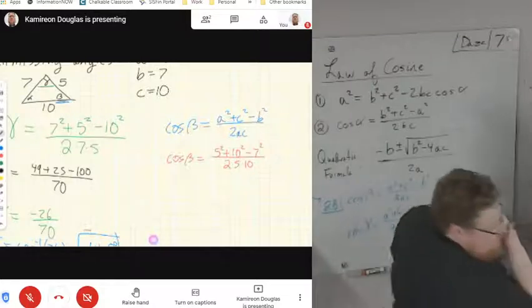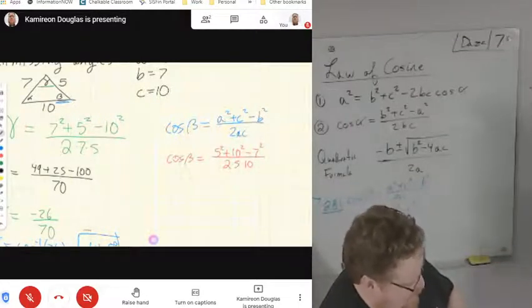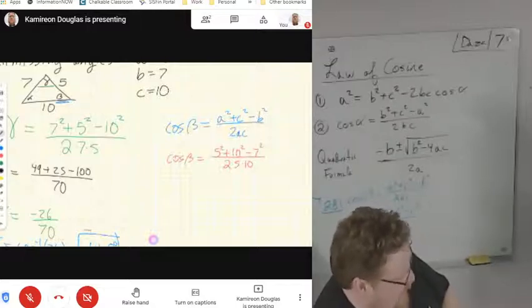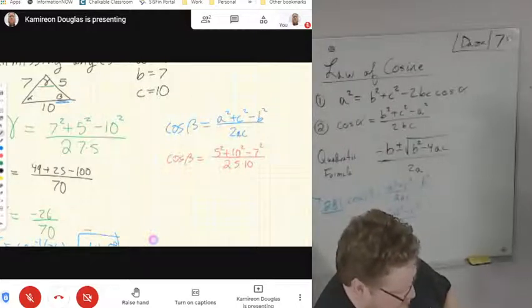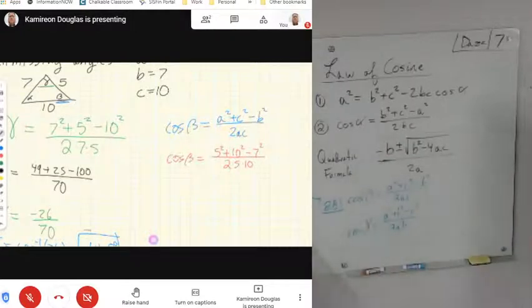This time I'm not going to do that by hand. Calculator's my friend. Let's use it. 5 squared plus 10 squared minus 7 squared, all divided by 2 times 5 times 10. I get cosine of beta is equal to 0.76.